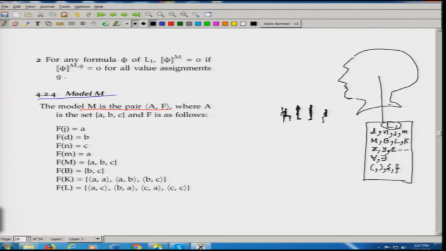They have names. The names are D, N, J, and M, but actually 2 of them are the same person. That is how this is constructed.